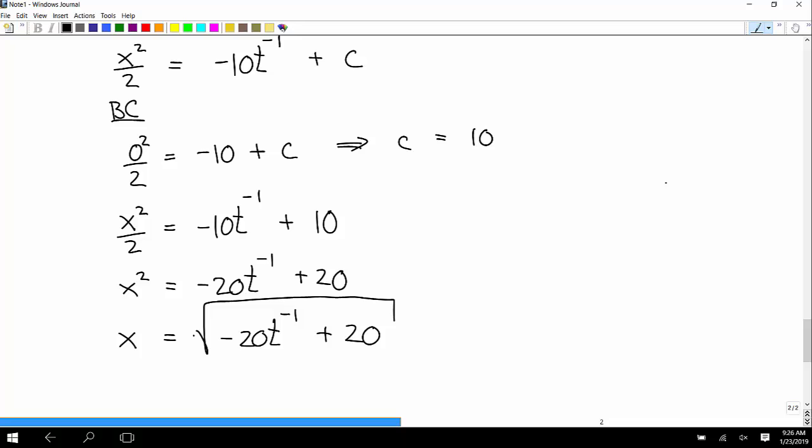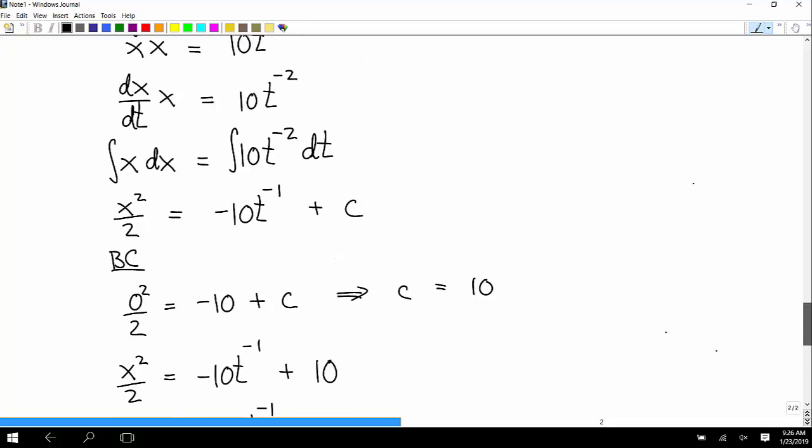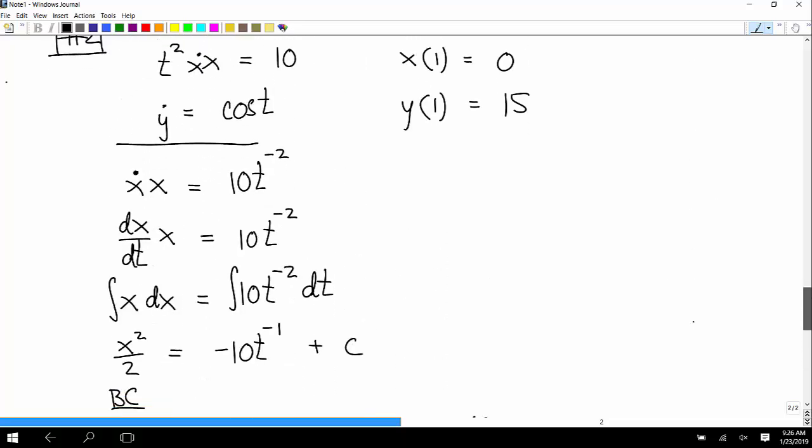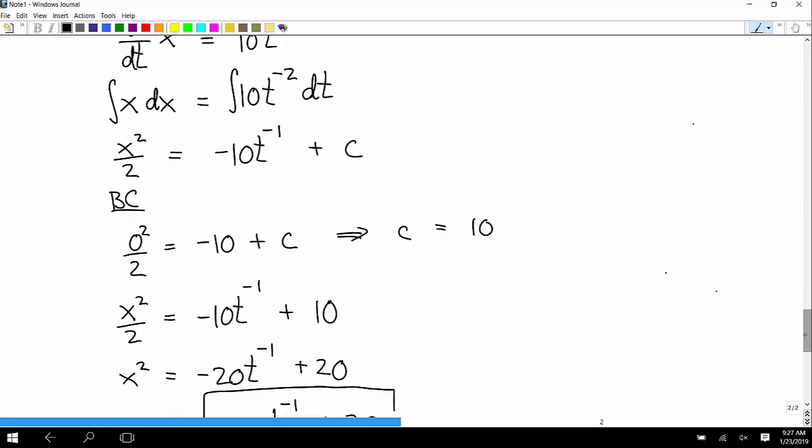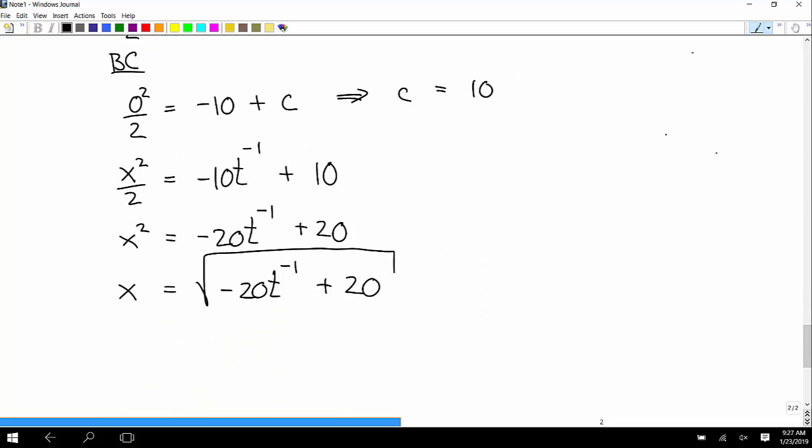So our boundary condition is for time equal to 1. So this is the solution. Well, I guess it only goes imaginary. Let's see.